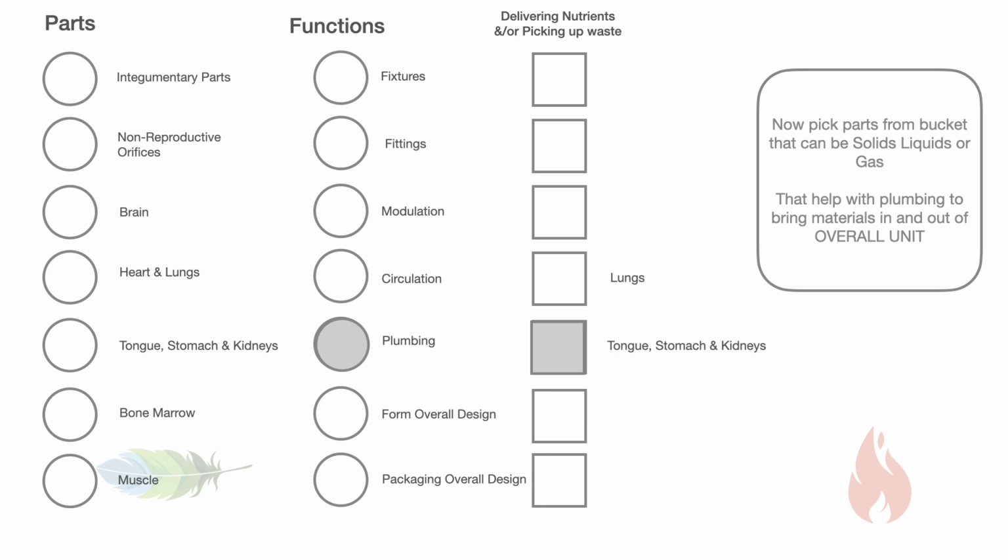All right, so we've got plumbing as the foundational functionality. It's kind of vague, but it's all right. And then the contextual functionality for that column is going to be delivering nutrients and picking up waste. The tongue and the stomach definitely help with that.